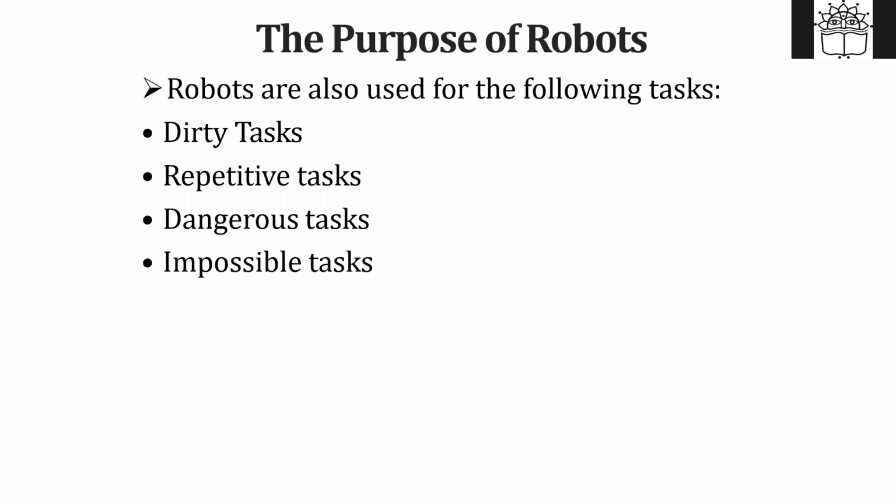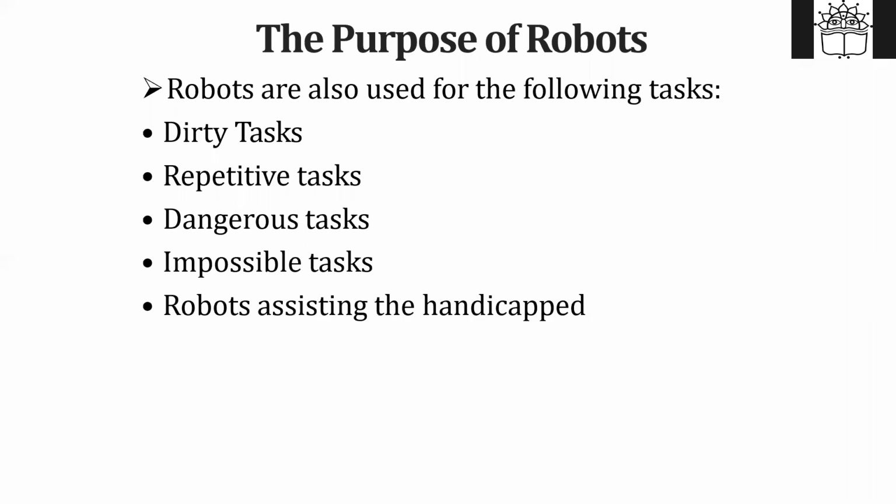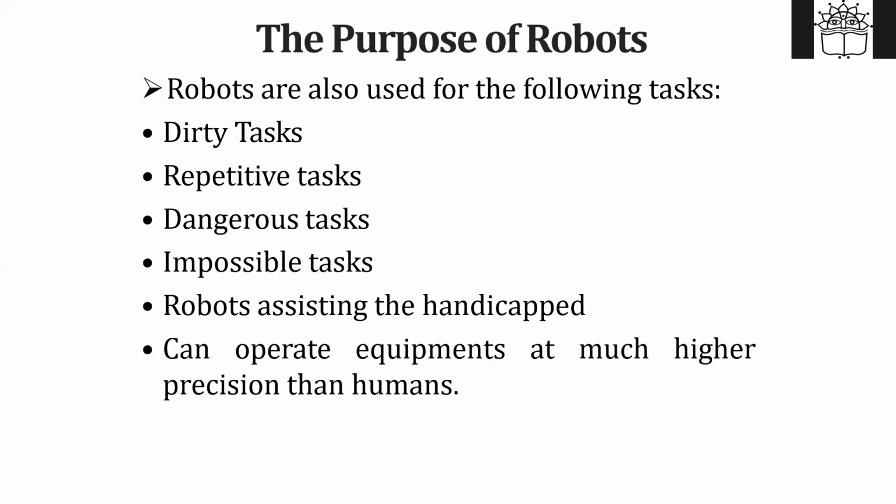Then impossible tasks, some tasks are there which are impossible. It may be underwater tasks, it may be aerial tasks which are impossible, or the places where human cannot go, over there we can use robots. Then robots are also used for assisting the handicapped people, right? And it can operate equipments at much higher precision than humans.